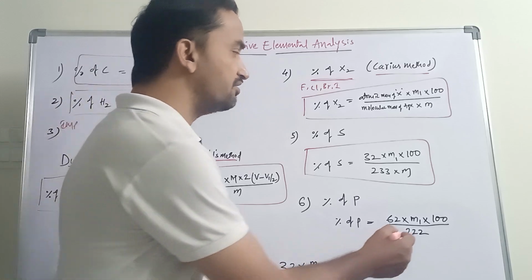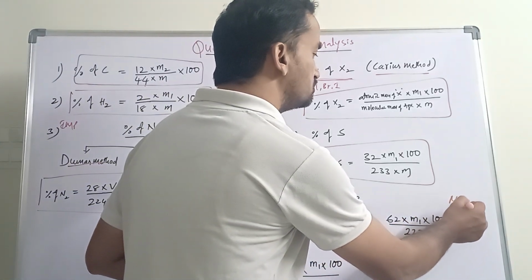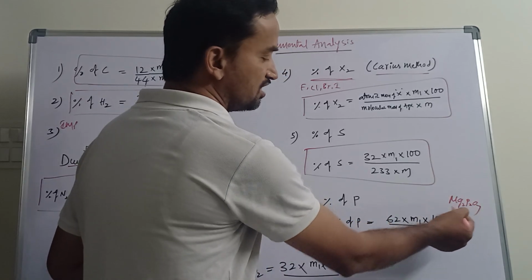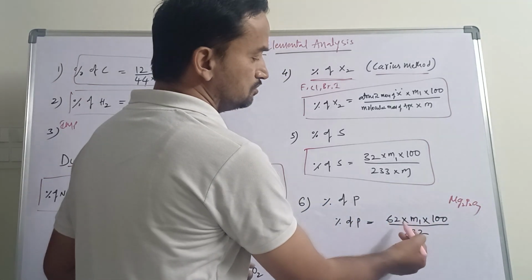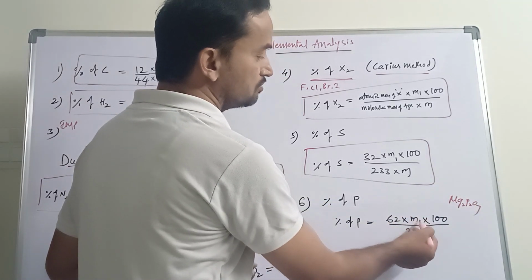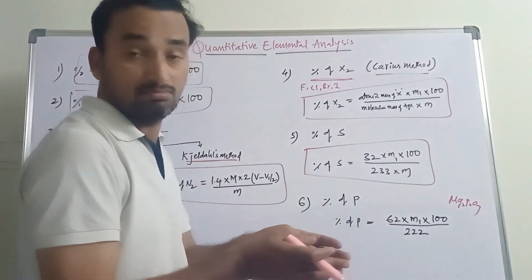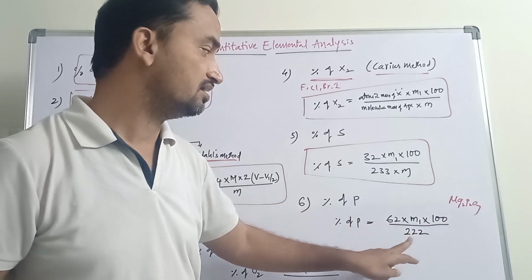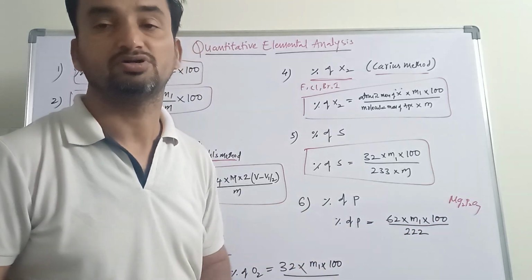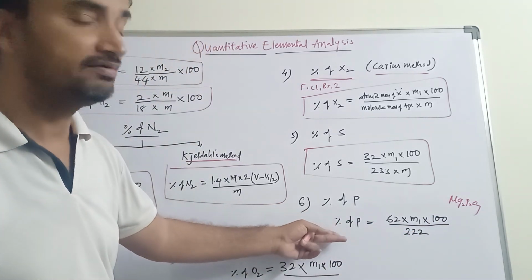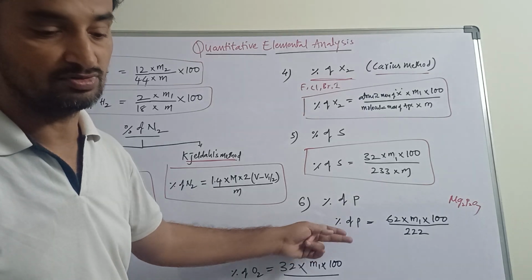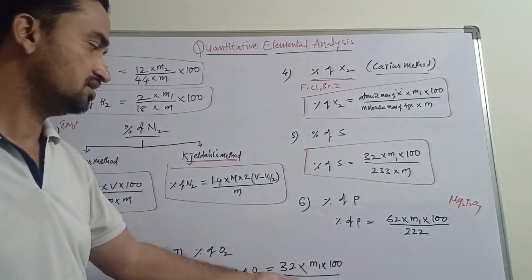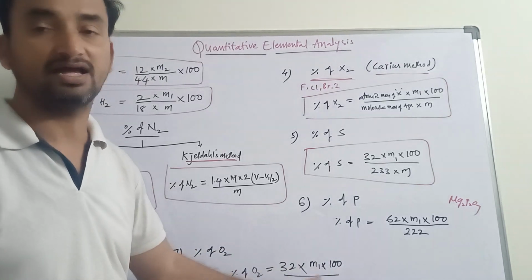Here it will be converted into magnesium pyrophosphate, Mg2P2O7, and that's why we take the molecular mass as 222, whereas P2 is 62. So 62 into M1, the mass produced, into 100 divided by 222 into M. Now percentage of oxygen can be calculated with the formula 32 into M1 into 100 divided by 88 into M.